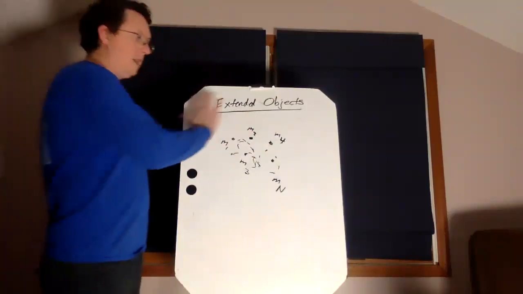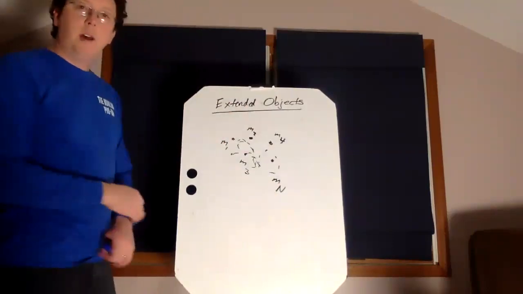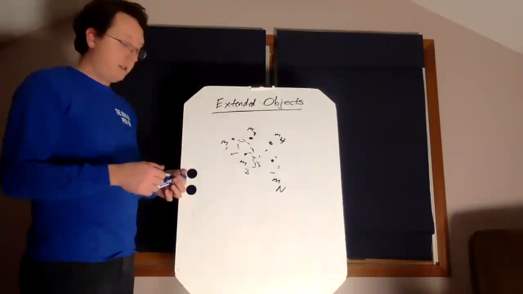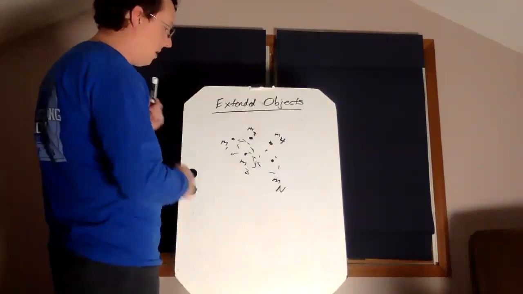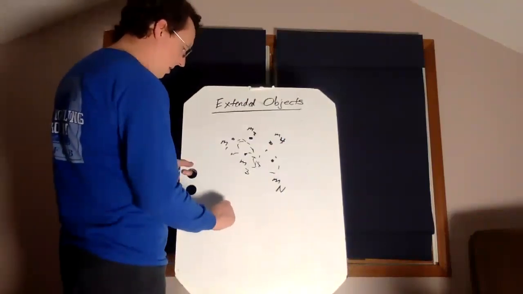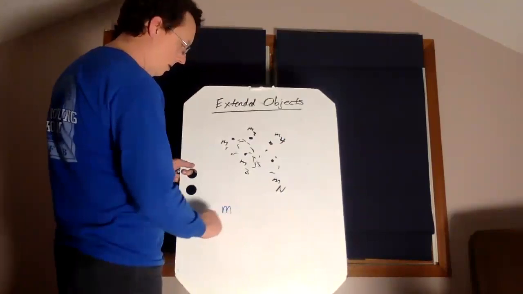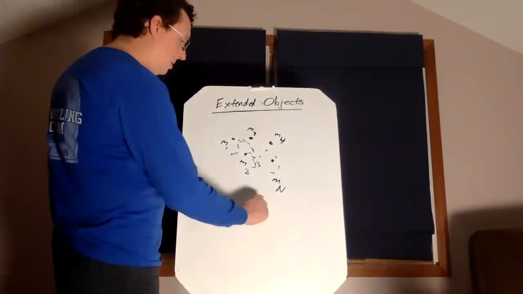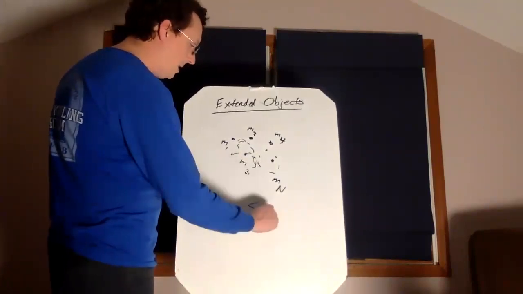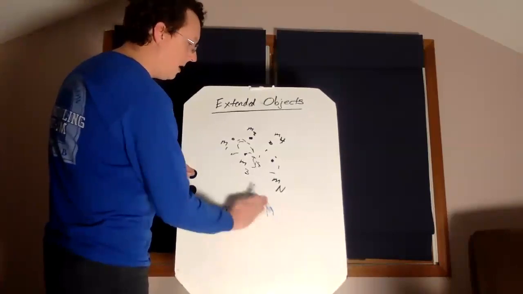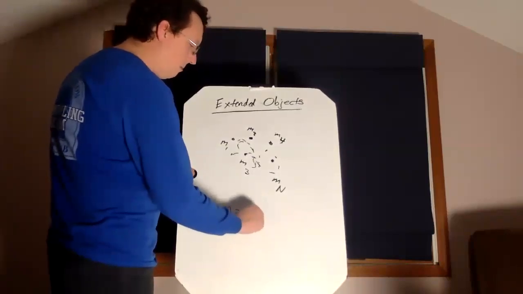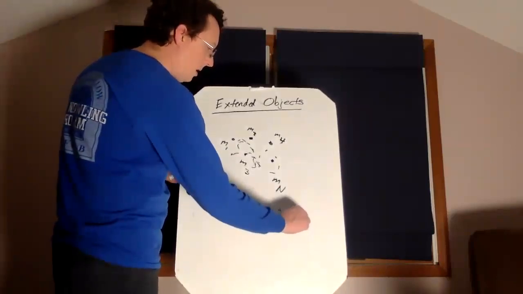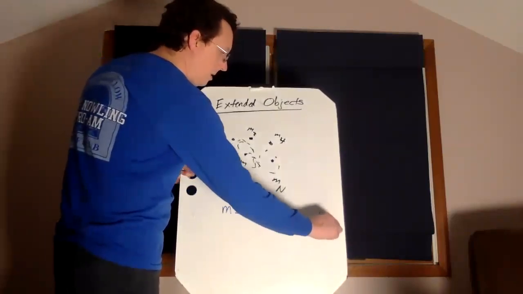Now, let's say we wanted to come up with a formula for the total mass. Well, that wouldn't be hard. You would just say, okay, mass total, just call it M or M total. That's just the sum of all the small masses. Let me write it out once here. So it would be m1 plus m2 plus m3 plus all the way up to mn.